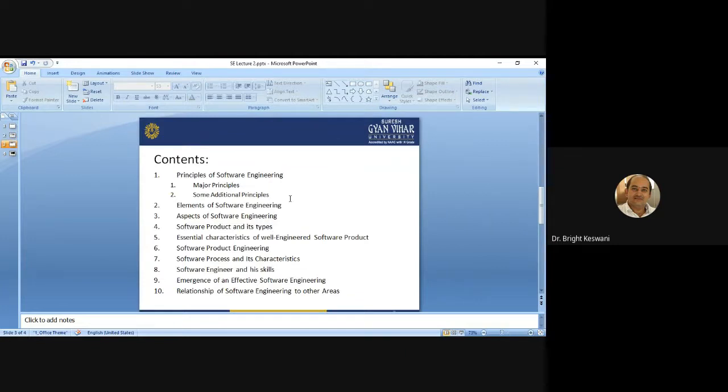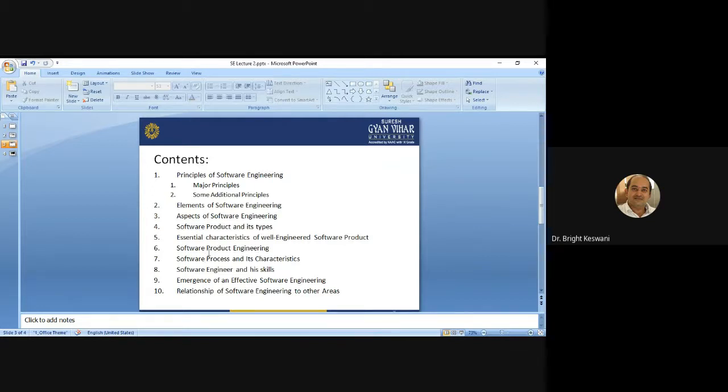The content of this lecture consists of the principles of software engineering. Some major principles and some additional principles are there. Then we will discuss the elements of software engineering, then the aspects of software engineering, software products and their types, essential characteristics of a well-engineered software product, and software product engineering.